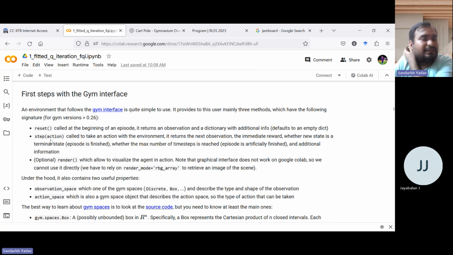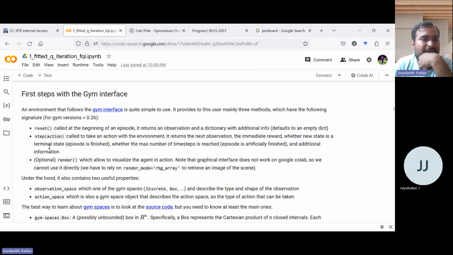And step means, when we take a step, we give an action to the step function, and it will take that action in the environment and come up with the reward and the next state. It will also mention whether we have terminated or truncated. Truncated means that the maximum number of time steps, which was 500, is reached and the episode is finished.